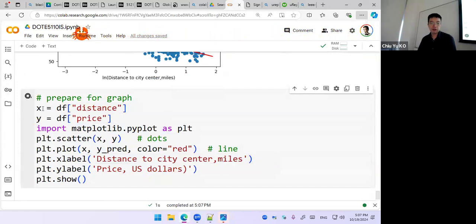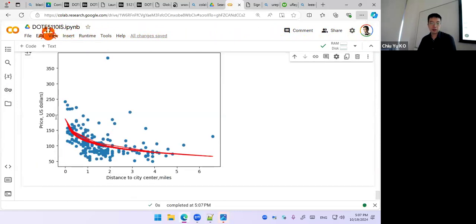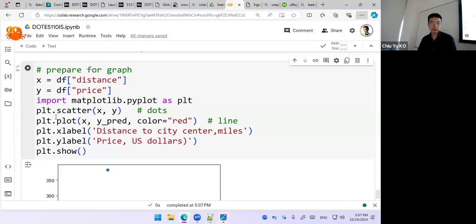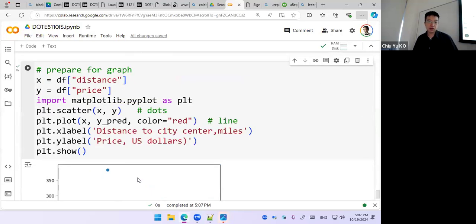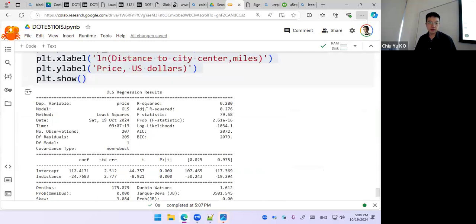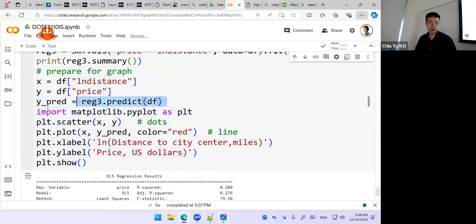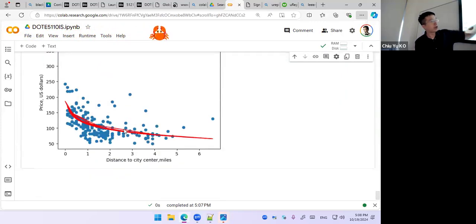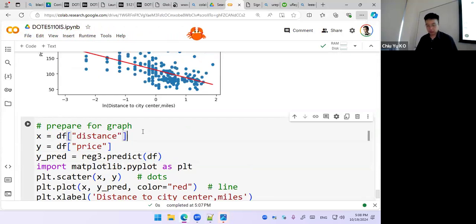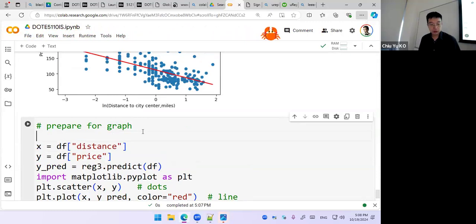Then you should run this. It will show you this one. The reason is I should have sorted the data first before I do it. Maybe I should sort by x. The reason it doesn't look very good is because the distance is not sorted. I think I have to sort the distance first.